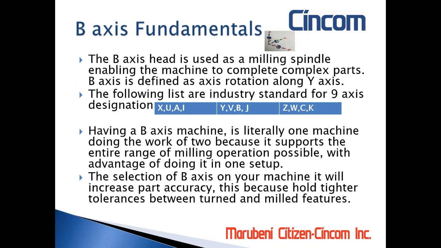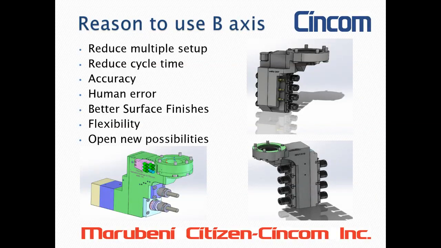Going forward, reasons to use a B-axis: reduce multiple setups. I've been facing this for years, and reducing multiple setups is a big problem because in the past, and there are still people that keep doing it, running a part in multiple setups.